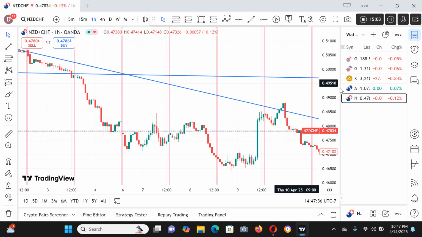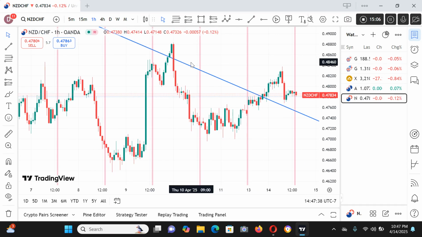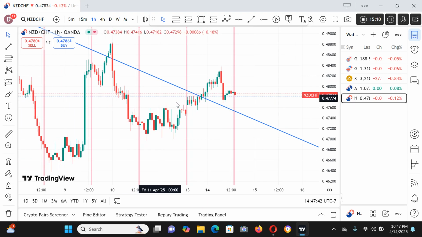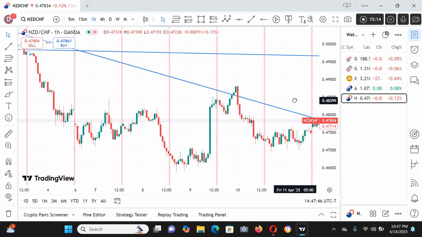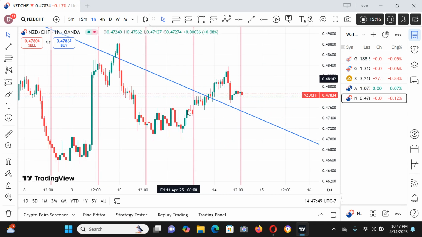So we go to the current time frame, which is H1, to look at it before we take our decision. From here, we can draw a counter trend line on the H1 time frame.